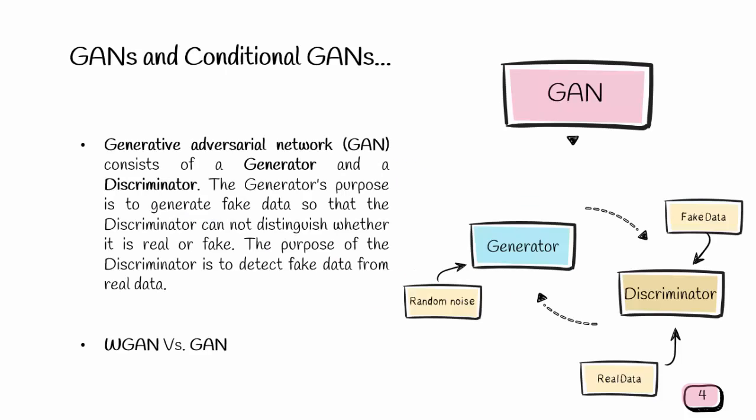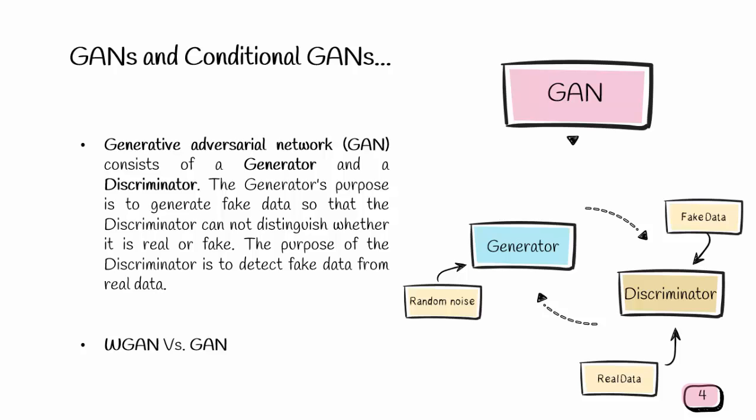Generative Adversarial Networks, or GANs. The GAN's core components are its generator and discriminator. The objective of the generator is producing fake data that the discriminator is unable to discriminate from real data. On the other hand, distinguishing fake data from real data is the discriminator's objective.